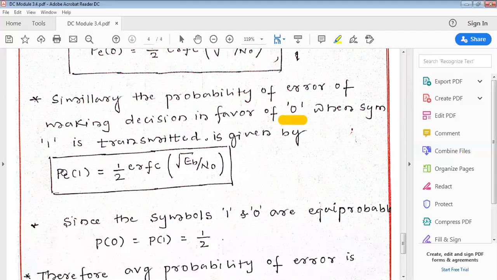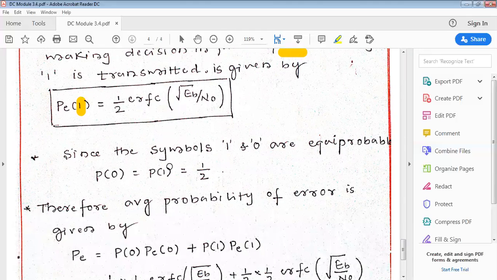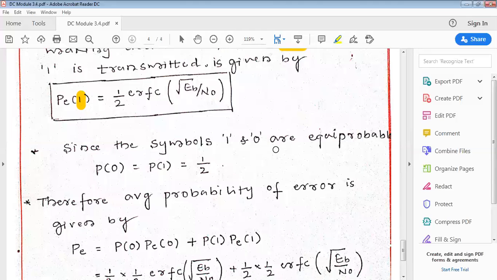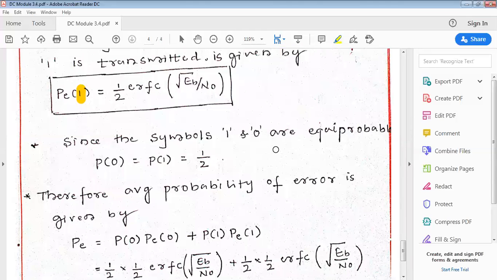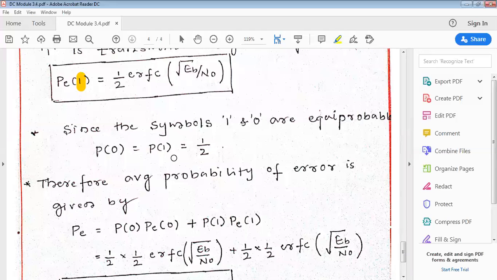That is, P of 1, the error probability when symbol 1 is transmitted, is given by 1 by 2 ERFC square root of Eb by N naught. And we know that the transmission of symbols 1s and 0s is equiprobable. Both symbols are transmitted with equal probability, that is, P of 0 and P of 1 are equal to 1 by 2, right?